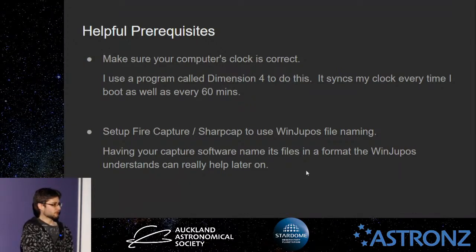Make sure your computer clock is as accurate as it can be. This just helps with WinJUPOS knowing the actual position and helps with its calculations. I use a program called Dimension 4, which syncs my laptop every time I boot it up and every 60 minutes after that.